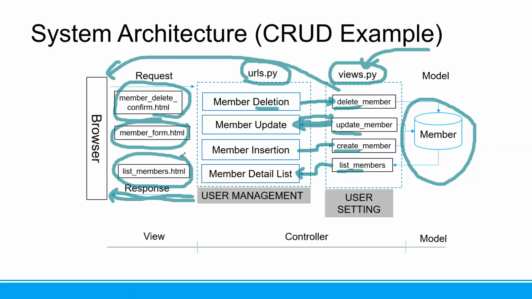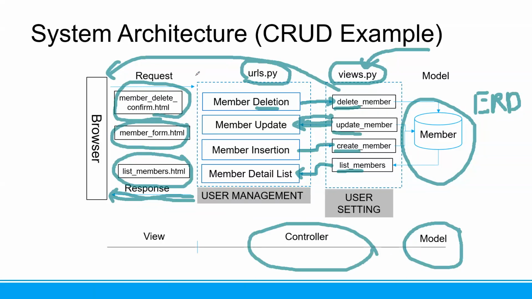So when you are making your team project, you also need to build this kind of system architecture. You need to know what is the model. You need to show the ERD. And then you need to show what is the controller.